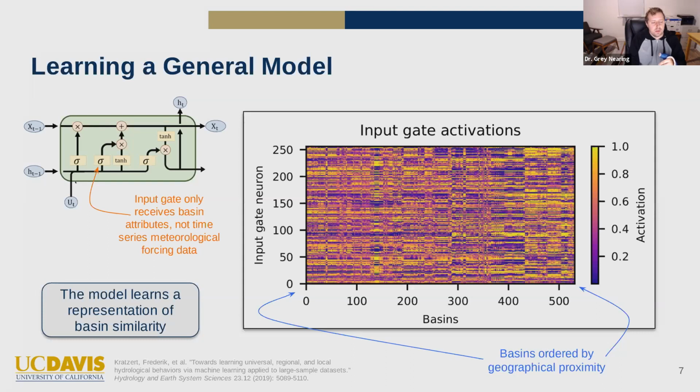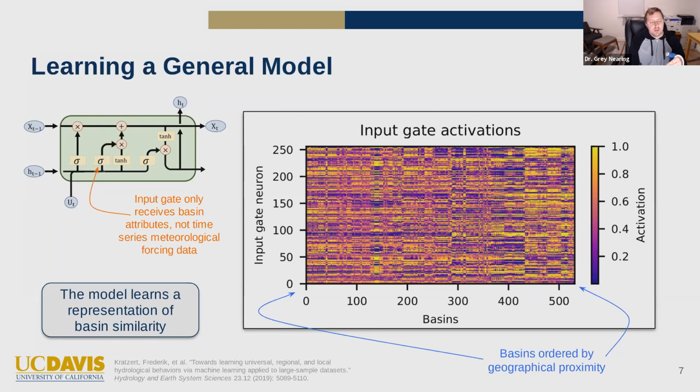It doesn't add new information, but the input gate adds new information. So we only allow information to move through this tanh layer into the cell states of the LSTM by multiplying with a sigmoid. Sigmoid is an activation function with a number between 0 and 1, so it opens and closes channels of information. And we make the sigmoid gate only react to static catchment attributes.